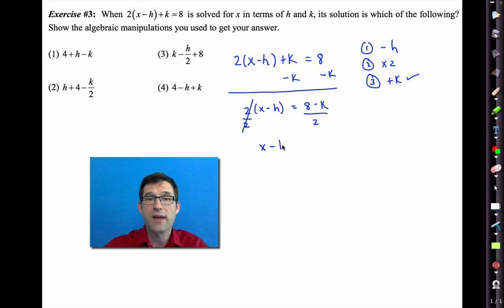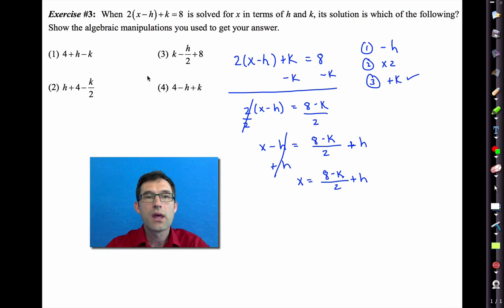It's going to give me x minus h equals (8 minus k) divided by 2. All right. The last thing that we're going to do is add h to both sides. Right? Use the additive property of equality, and we get (8 minus k) divided by 2 plus h.